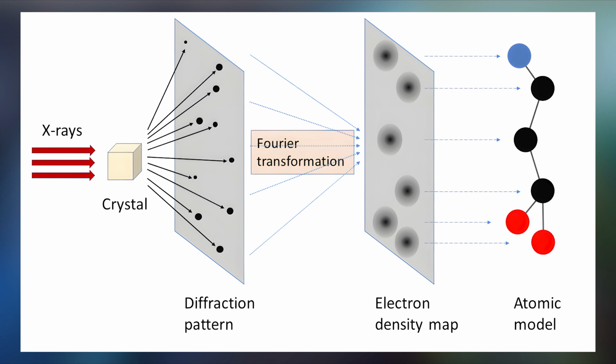How does it tell us that? Well, there's a technique known as the Fourier transform, which is a mathematical thing which we won't get into, but the basic idea is that when you pass light through a diffraction grating, so these little holes in a regular pattern, the resulting pattern of light is the Fourier transform of the shape of the diffraction grating. The Fourier transform is basically a mathematical function.